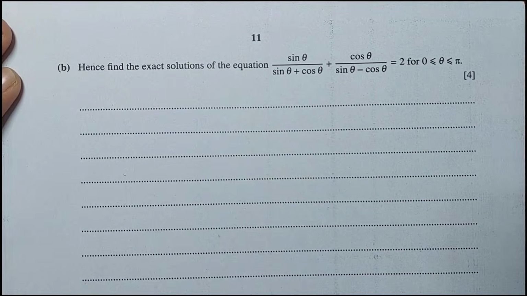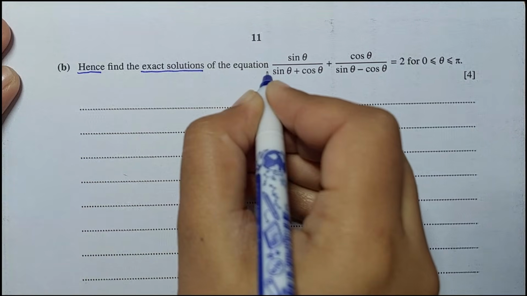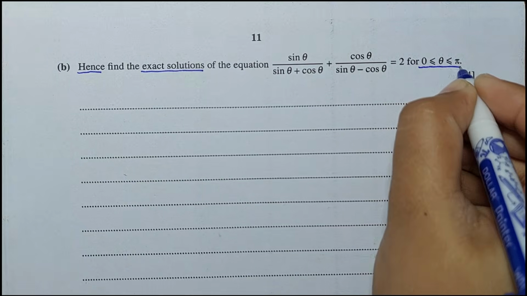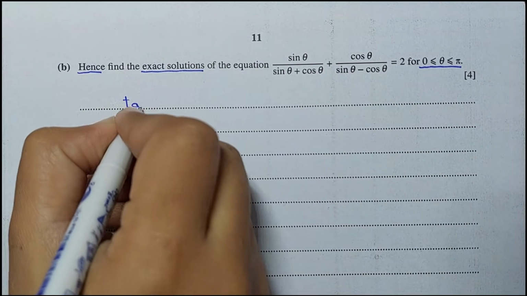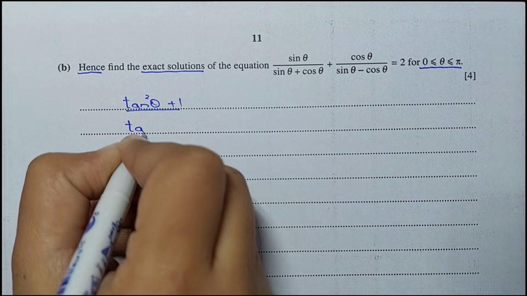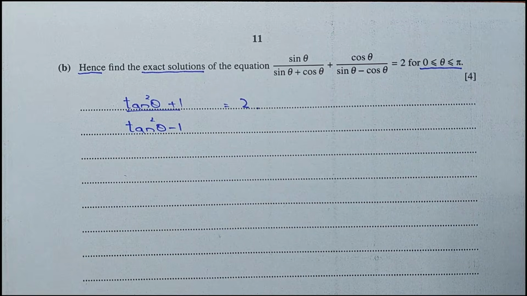Okay. Now for part B, hence find the exact solutions of the equation this thing equals 2 for theta between 0 to pi. So this thing we have done is tangent square theta plus 1 over tangent square theta minus 1, that is equal to 2. Okay.